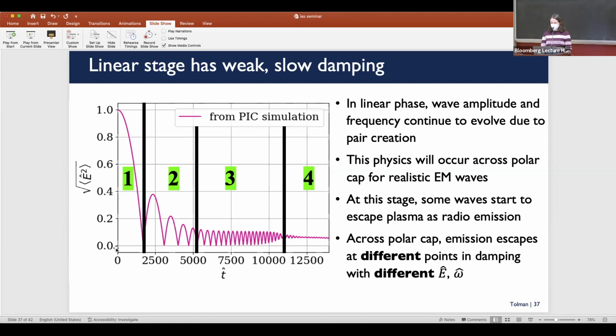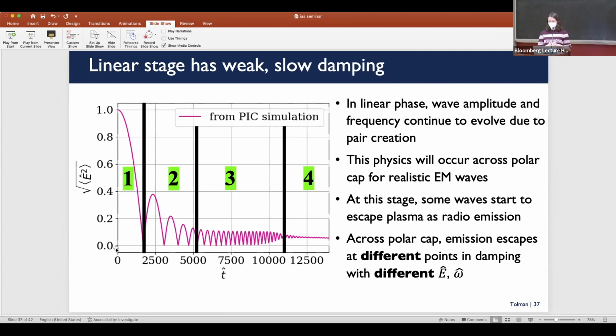And later on in this discharge, you're going to start to get some of these waves that escape the plasma as Poynting flux and become the radio emission that we observe from pulsars. Across the polar cap, this process of escape from plasma wave to light will occur at different points in the linear phase, at different points in this linear damping.